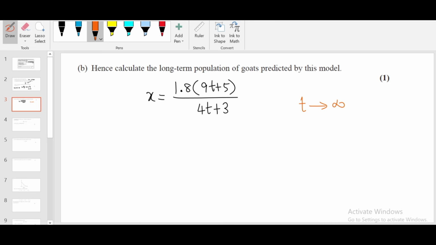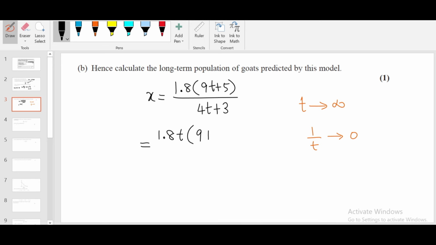Well, you cannot simply replace t by infinity, because everything becomes infinity over infinity here. But at the same time, if you have 1 over t, when t tends to infinity, 1 over infinity tends to 0. So you need to have 1 over t before you replace t by infinity. To get 1 over t, I'm going to take t as a common factor out.